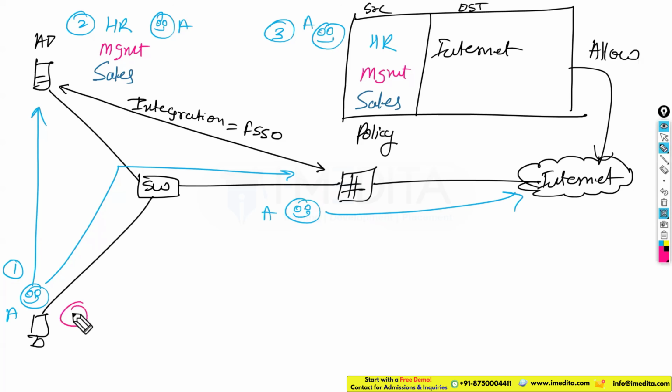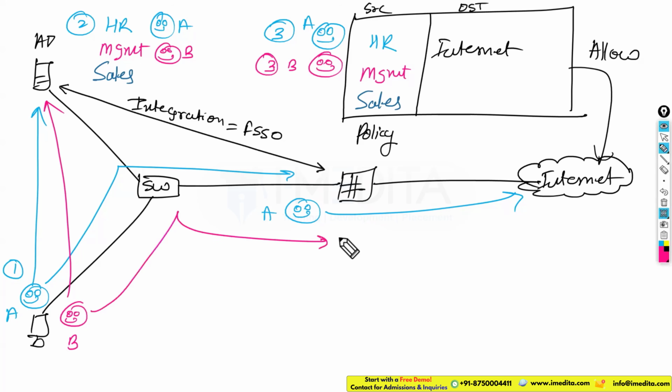Same, if user B joins the AD, AD will come to know user B is successfully authenticated. Information will go to the firewall that user B has successfully joined AD. If this user goes to the firewall, the firewall already has the information that user B is authenticated.